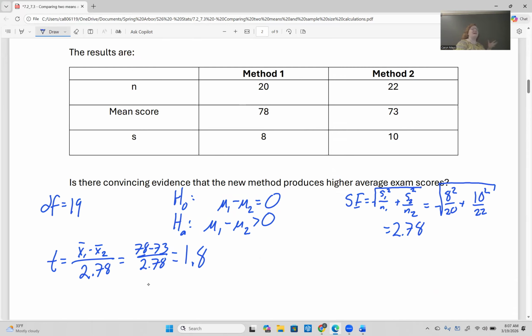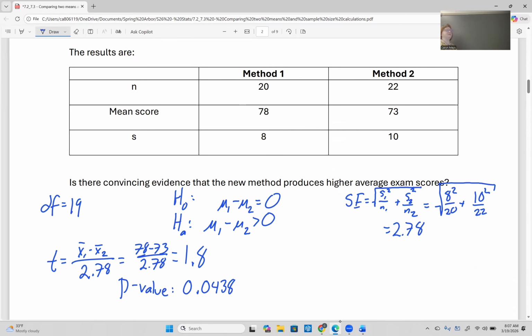Since this is one-sided, that is our p-value. We don't have to worry about doubling it. Our p-value from technology is 0.0438. Is that bigger or smaller than our typical significance level? Smaller.